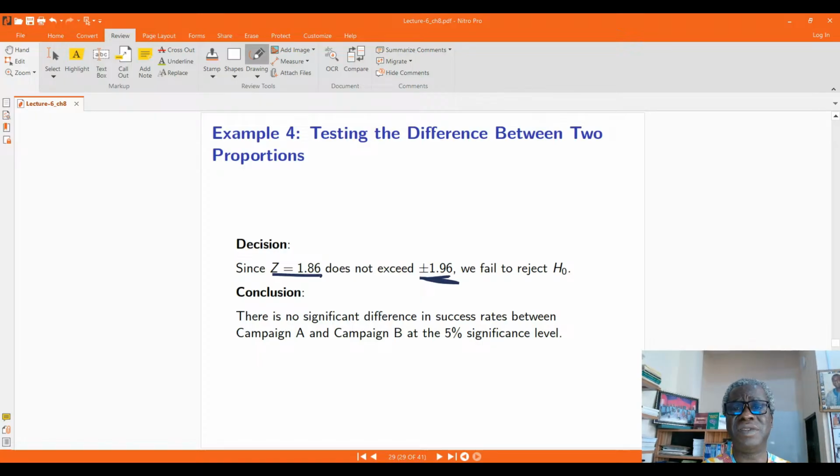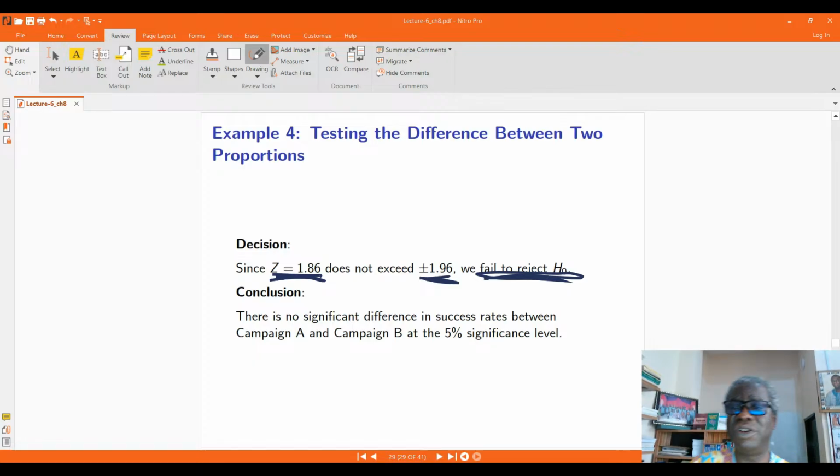So since it's a two-tailed test, we can focus on the positive side. Since our computed Z statistic does not exceed the critical value, we fail to reject the null hypothesis.